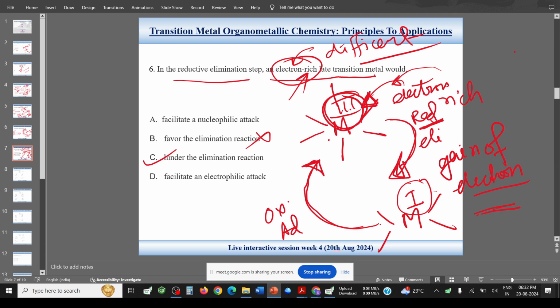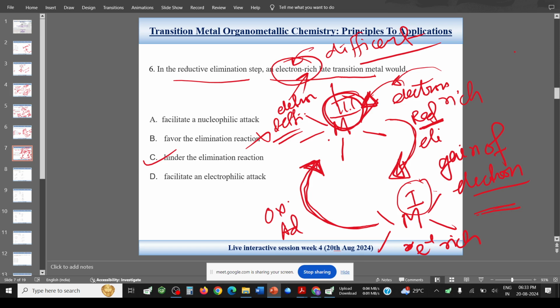So for oxidative addition the metal should be electron rich and for reductive elimination electron deficient. Then the cycle will continue. Is this clear? Yes, sir. Any other question?